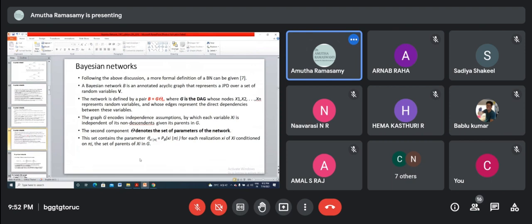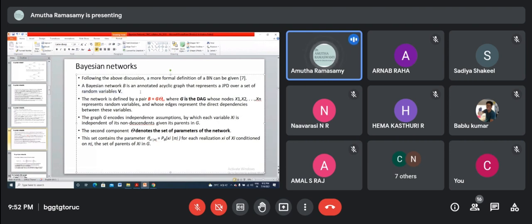So for understanding the following, based on the above discussion, now we are coming to the Bayesian network. What is the meaning of a Bayesian network? It is an annotated acyclic graph that represents a joint probability distribution over a set of random variables.